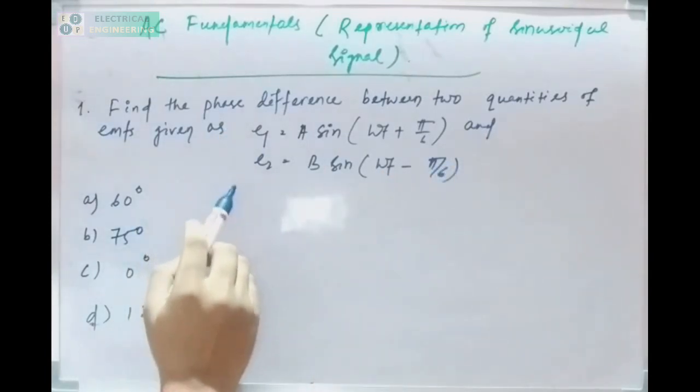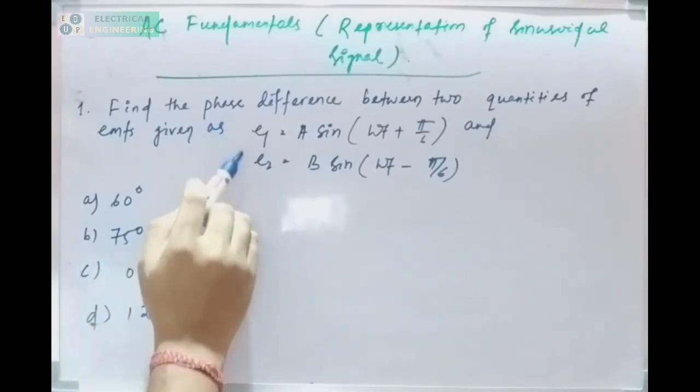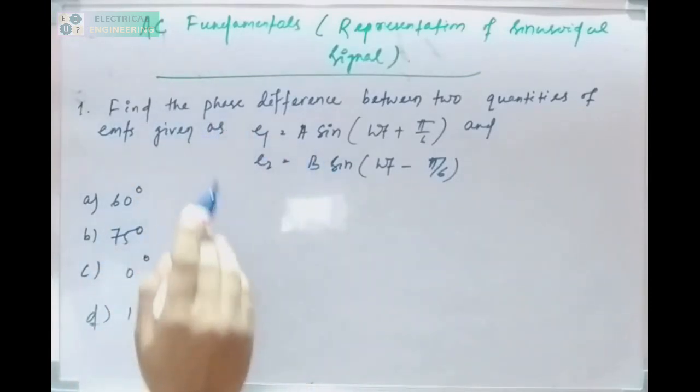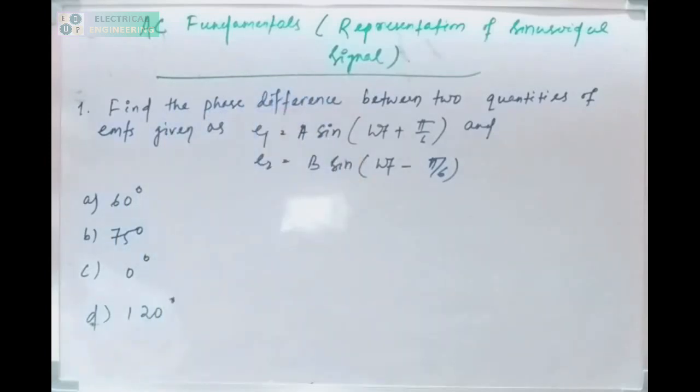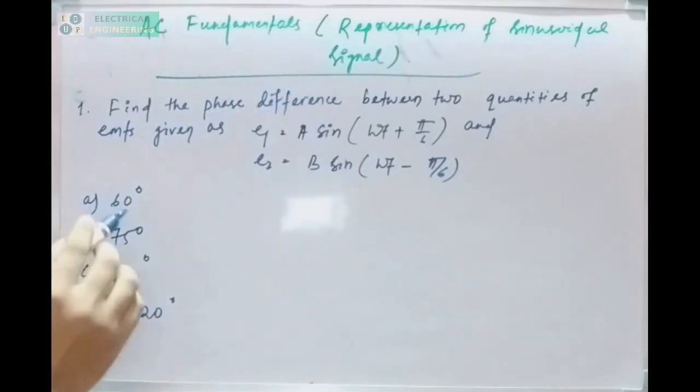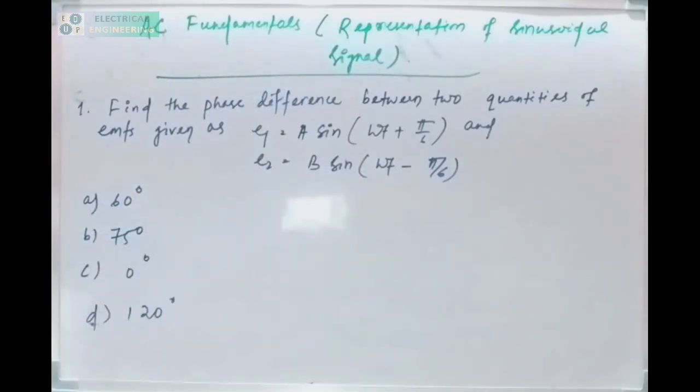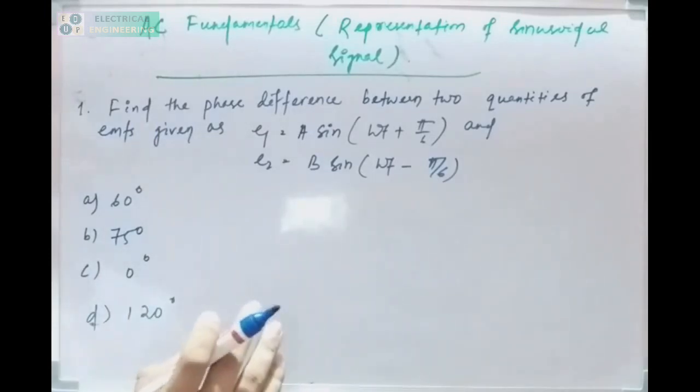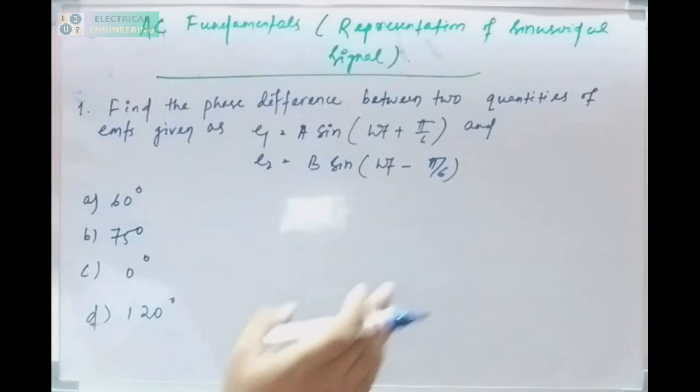These are two EMFs, and it is asking about the phase difference. Options are A 60 degree, B 75 degree, C 0 degree and D 120 degree. So let us solve this first, then I'll give the concept of phase difference and the phasor representation of a sinusoidal signal.